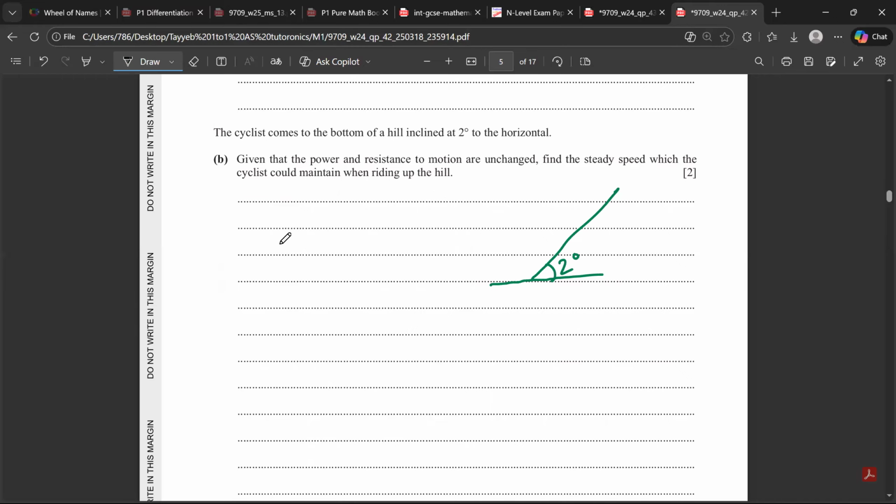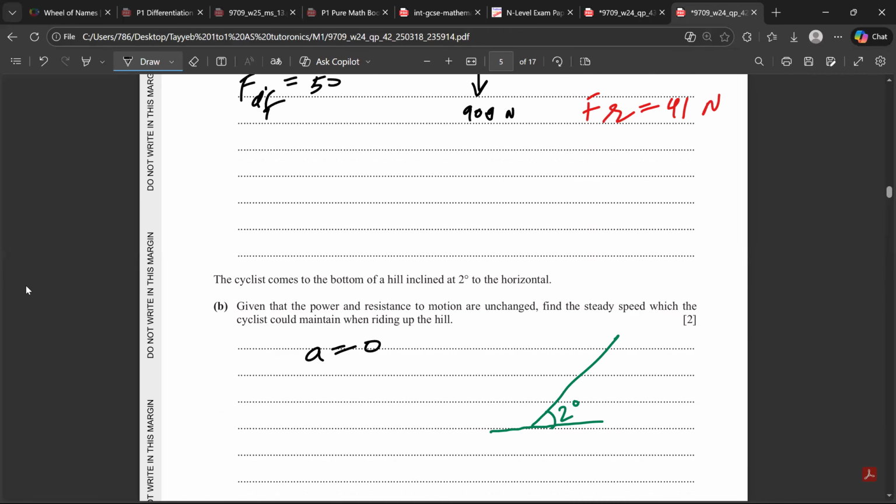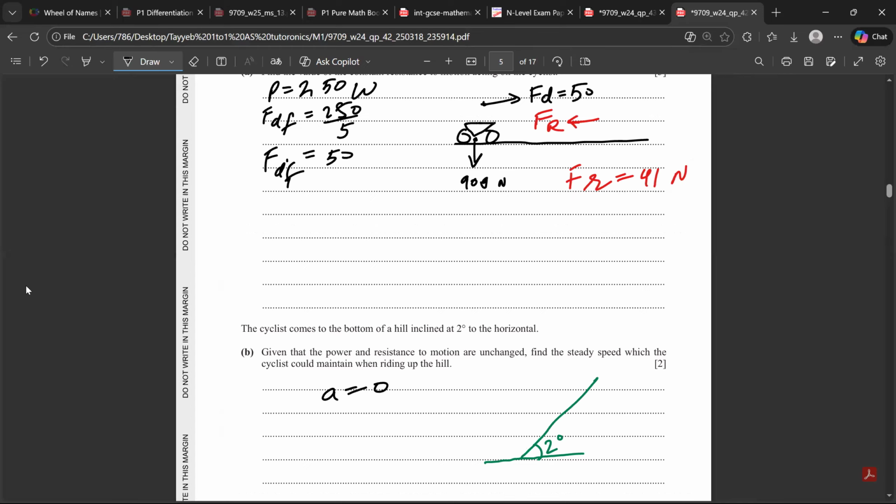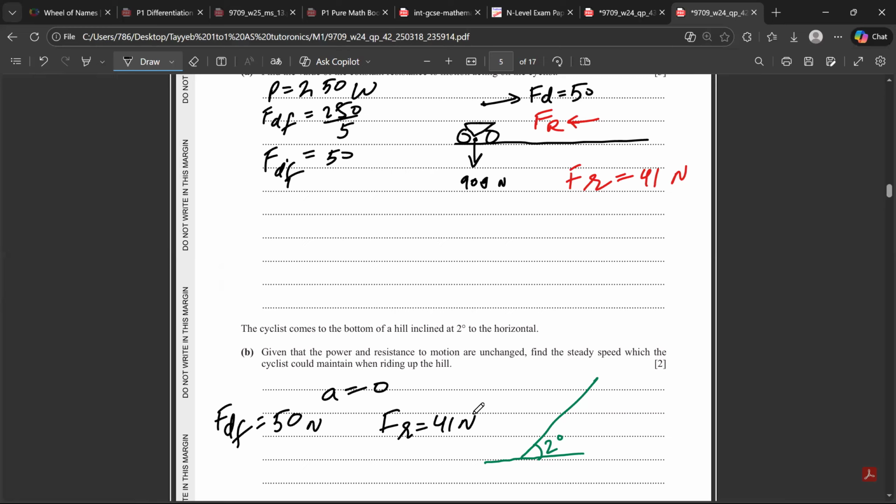Steady speed, so acceleration is zero, right? Acceleration is zero, power is unchanged. That means driving force is also unchanged, 50, and the resistance is also unchanged, 41 Newton.